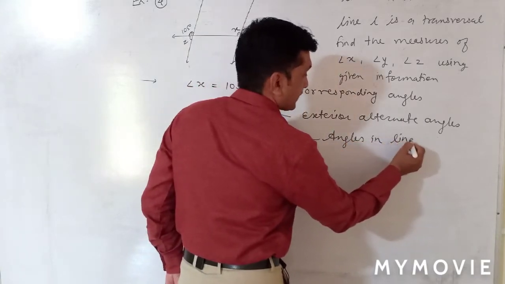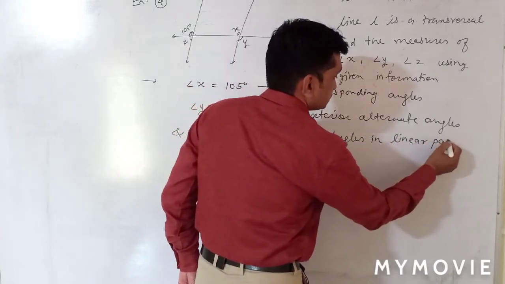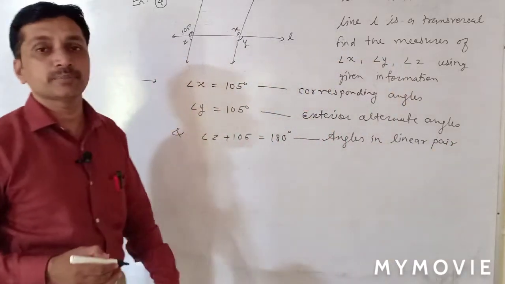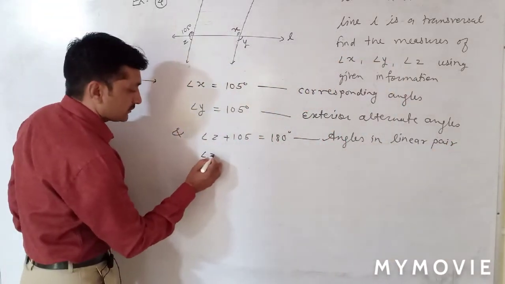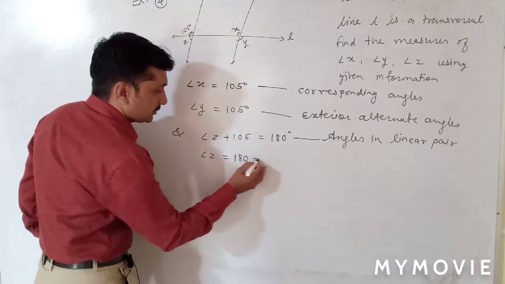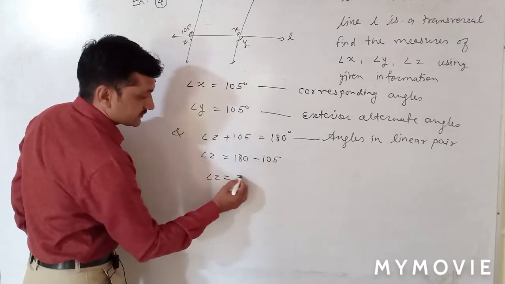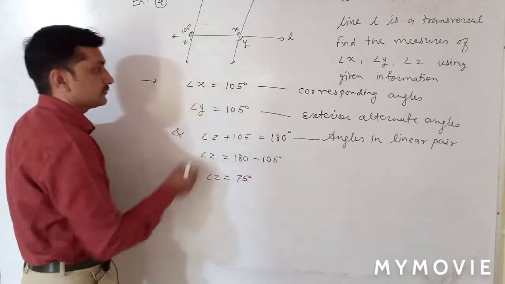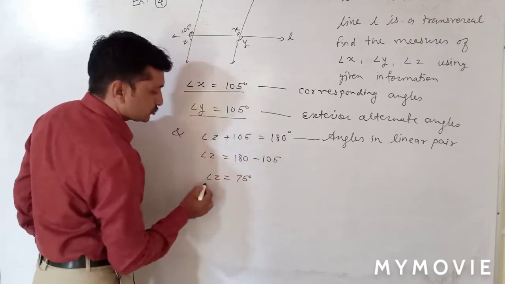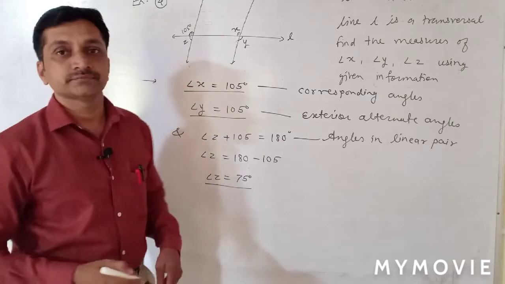They are supplementary. Angles in a linear pair are supplementary. Therefore angle Z is equal to 180 minus 105. Therefore the answer is angle Z is 75 degrees. In this way we get three values, X, Y and Z.